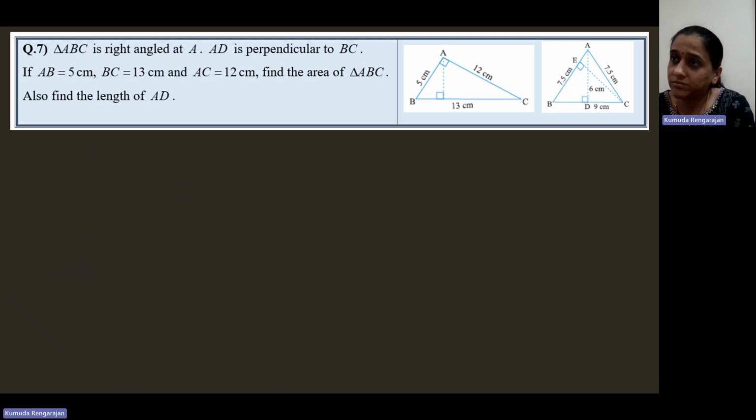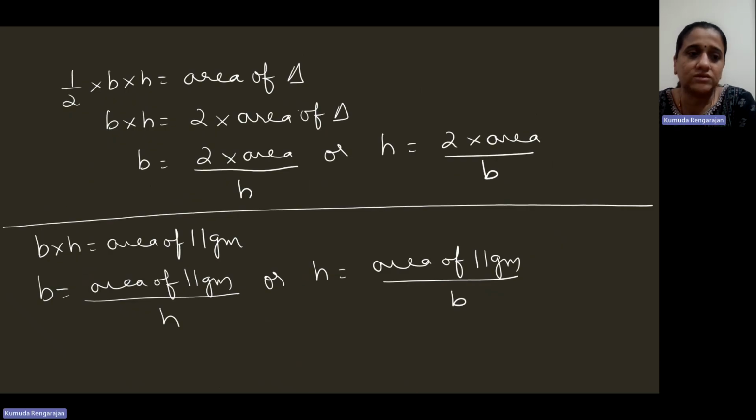For a parallelogram we will consider the same formula. If it is a triangle, then it will be 2. See here.